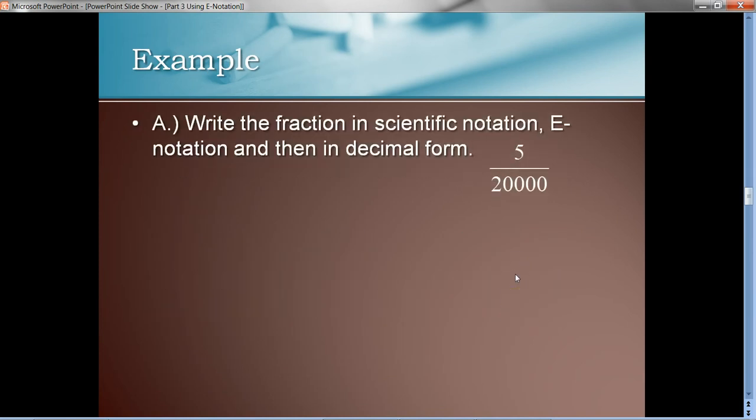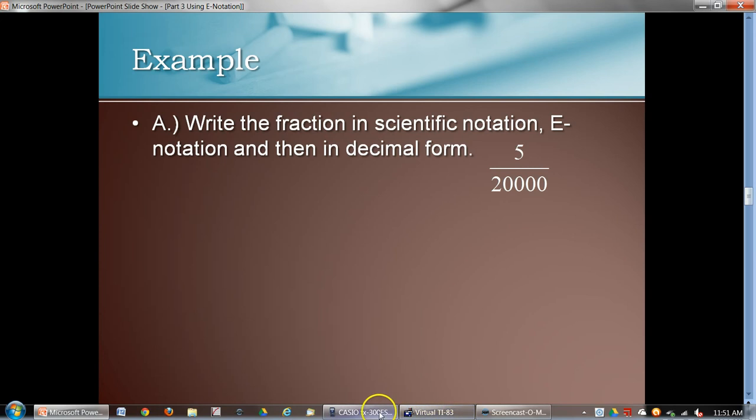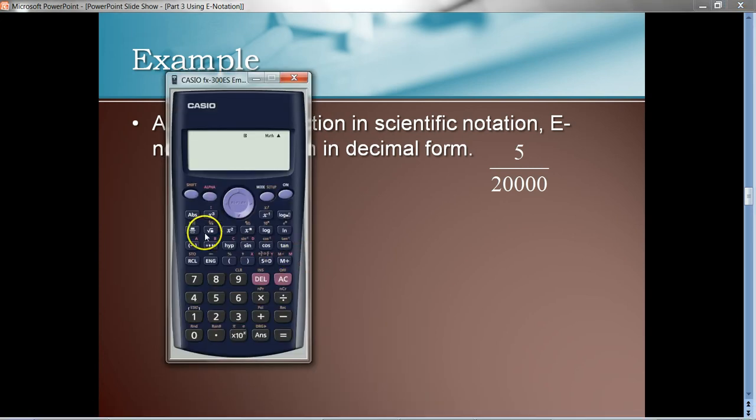They're not sure how to recognize very small probabilities, and that's what E notation does. So let's write the fraction 5 over 20,000 in scientific notation and then in decimal form. First, let me grab my Casio calculator and put in 5 divided by 20,000. Hit equals, and notice it reduced the fraction by 5, so 5 20,000ths is really 1/4,000th.